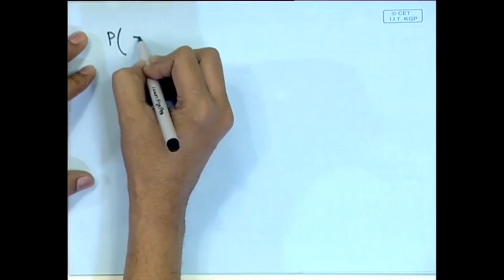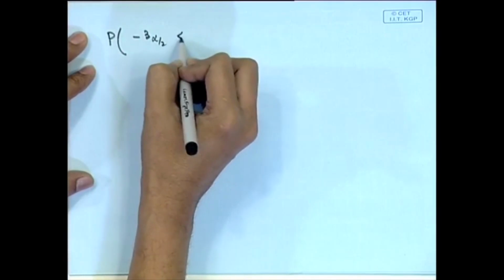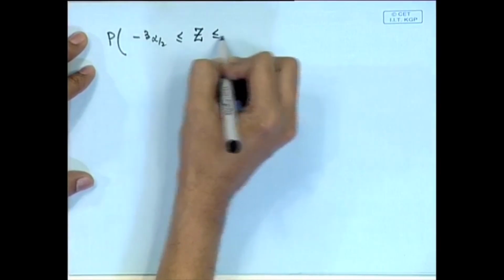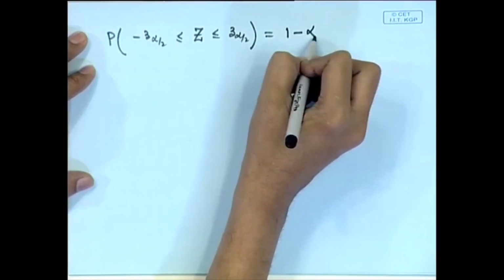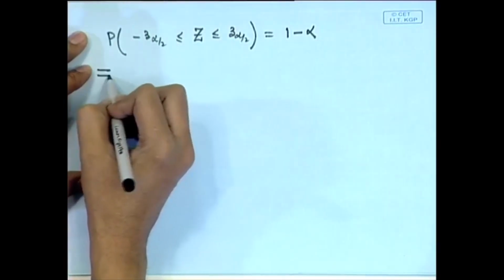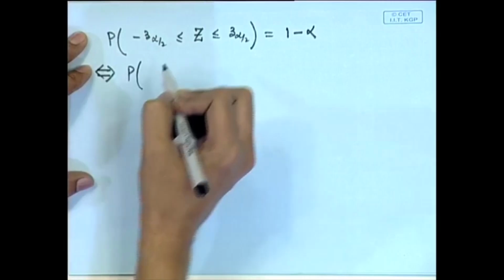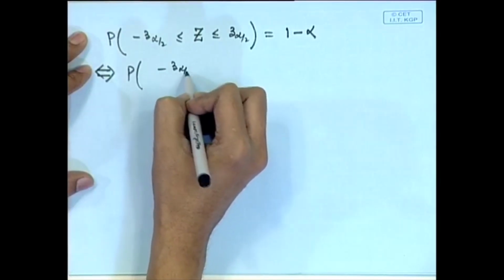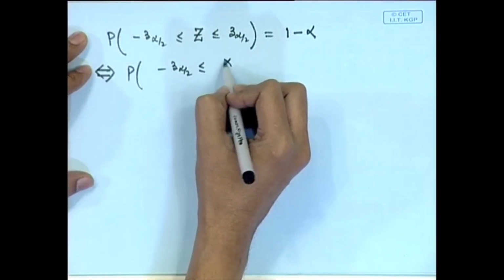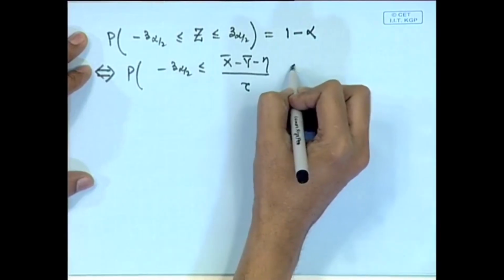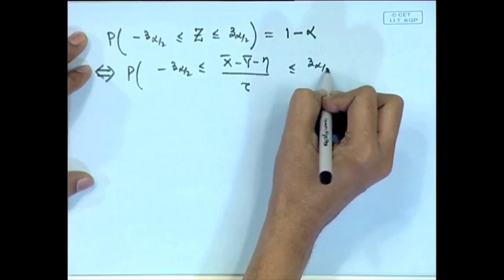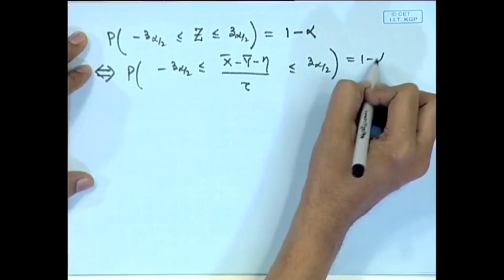probability of minus z alpha by 2 less than or equal to z less than or equal to z alpha by 2 is equal to 1 minus alpha. So, this is equivalent to probability of minus z alpha by 2 less than or equal to x bar minus y bar minus eta divided by tau less than or equal to z alpha by 2 is equal to 1 minus alpha.